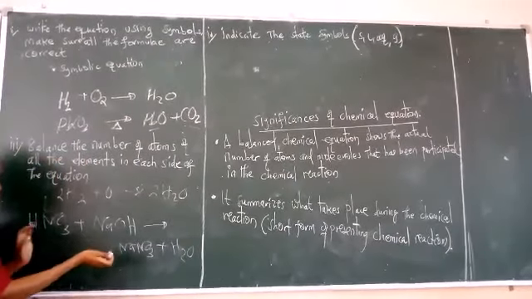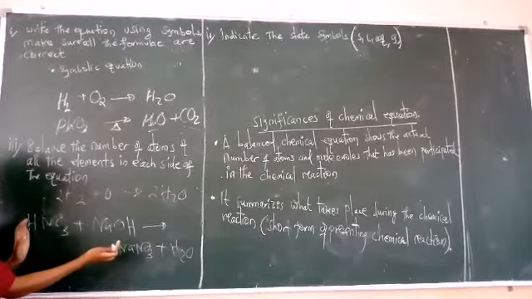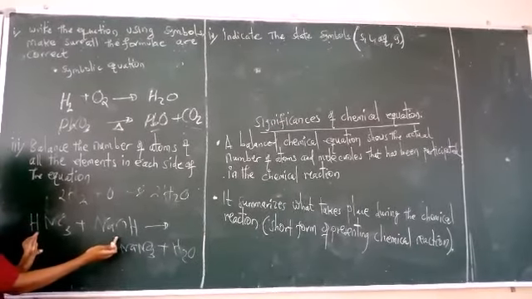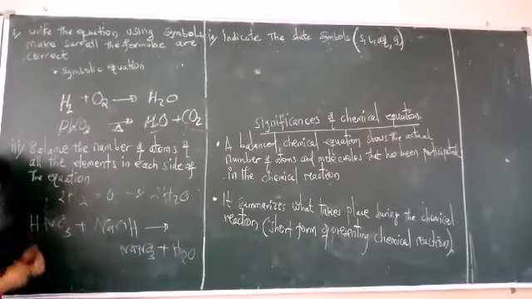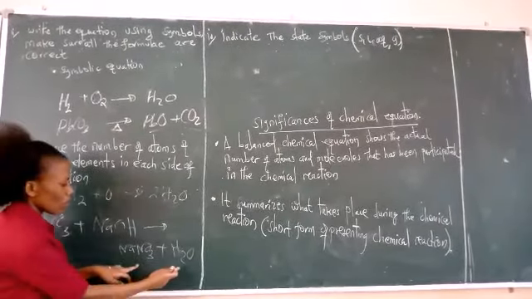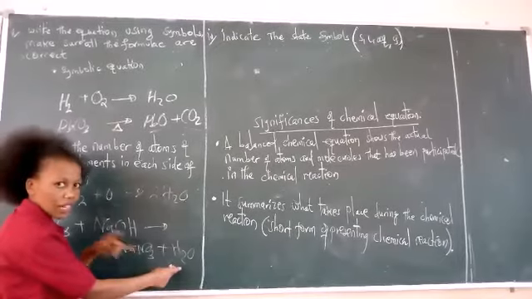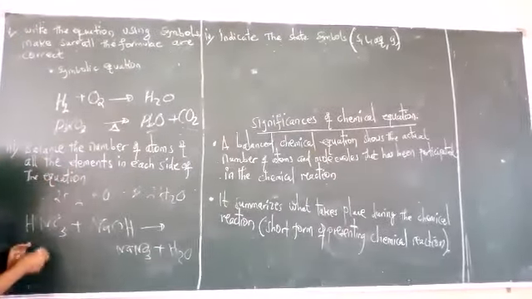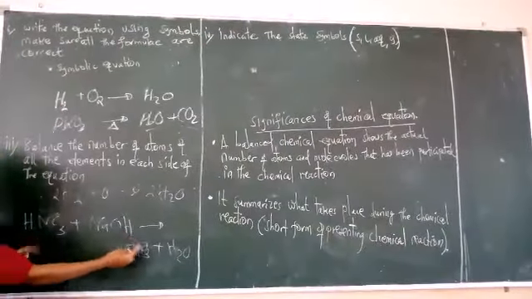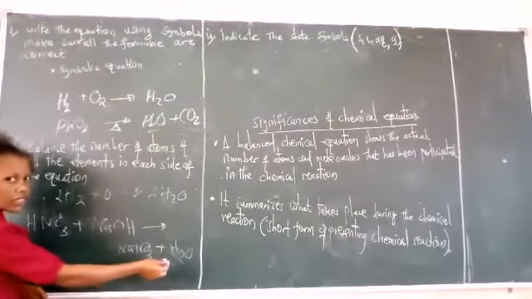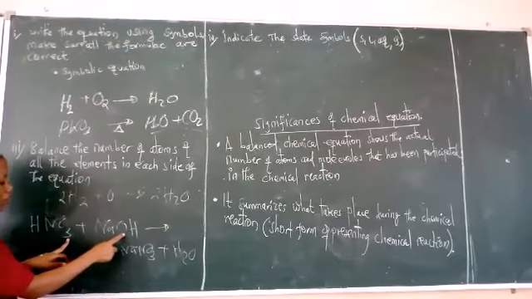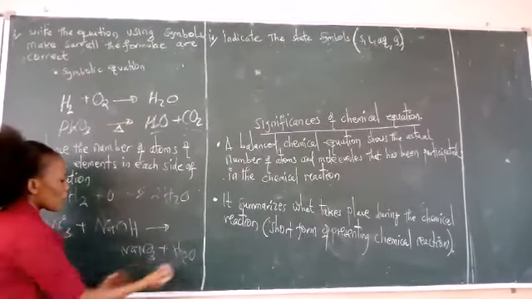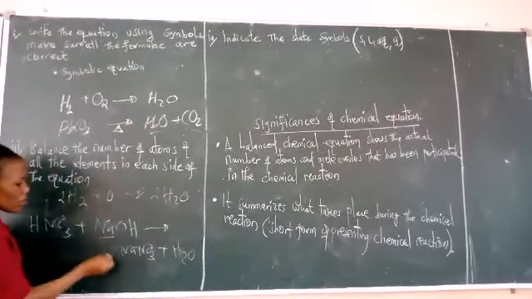So we have to make sure that the number of atoms of compounds that are reacting is exactly equal to the number of atoms of products that are formed. As you can see, we have 2 hydrogen atoms, and 2 hydrogen atoms in the product side. We have 4 oxygen and we have 4 oxygen. 1 sodium, 1 sodium.